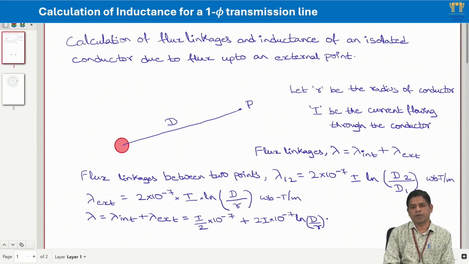So if I take 2I into 10 power minus 7 common in them, then in first term we get 1 by 4, and in the second term we get log of d by r.